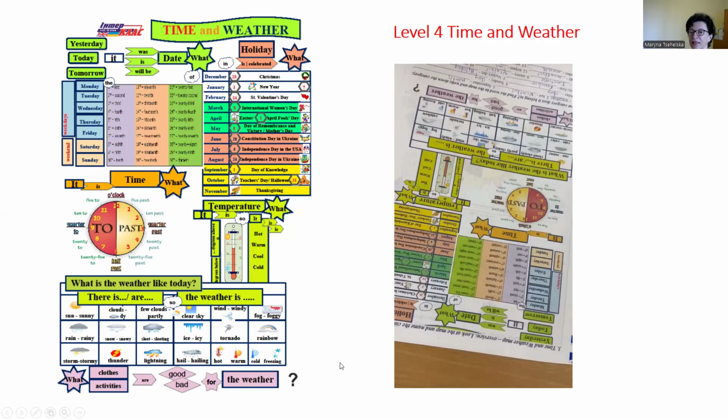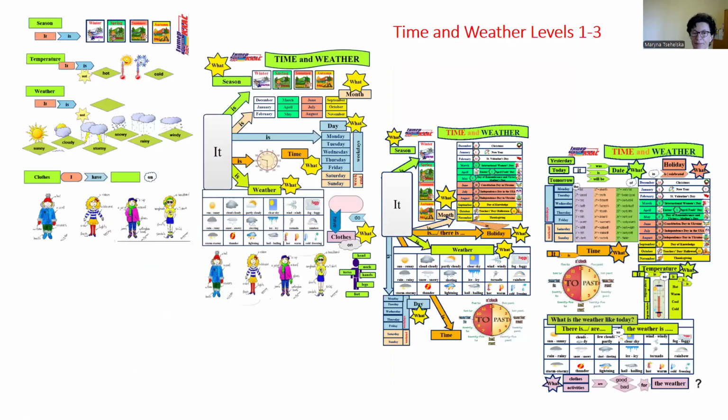Plus, when the maps advance, every year we go through this spiral where each time the vocabulary becomes more and more complex. So if we compare these maps from the 1st year, when they just name the season, then in the 2nd year they ask questions and answer, then you see how the complexity grows.